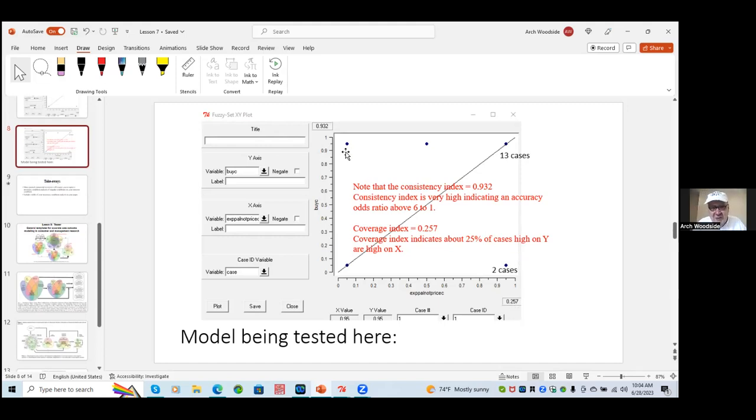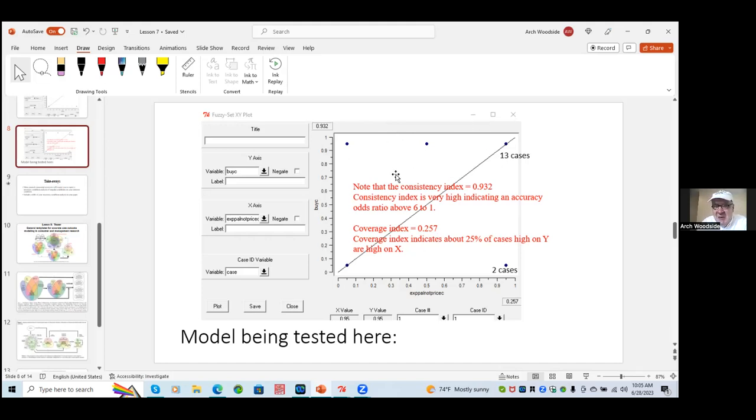So when you have a consistency of 0.93, you're going to have odds like 7-to-1 that if you're high on X, if this combination or recipe of singular conditions occurs, you're going to end up with a purchase most of the time, over 6-to-1 odds that you'll have a purchase. And that's what you're looking for.